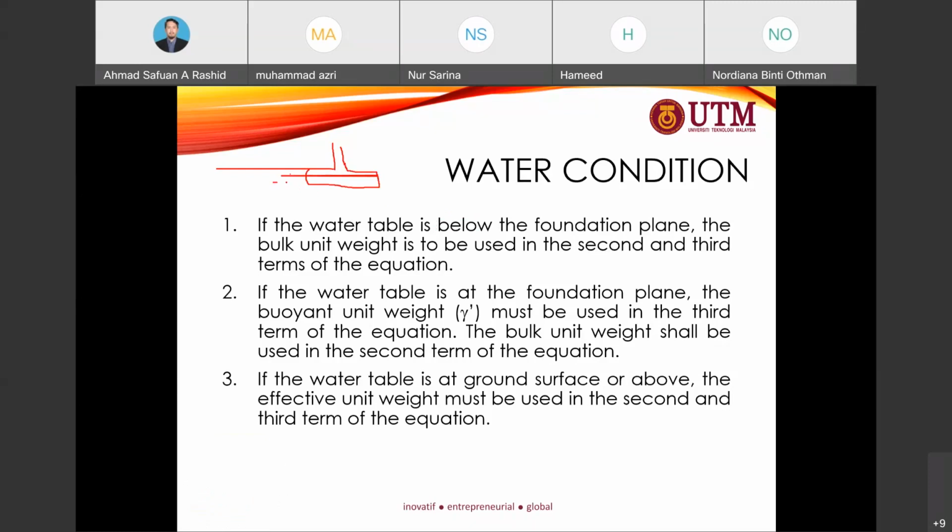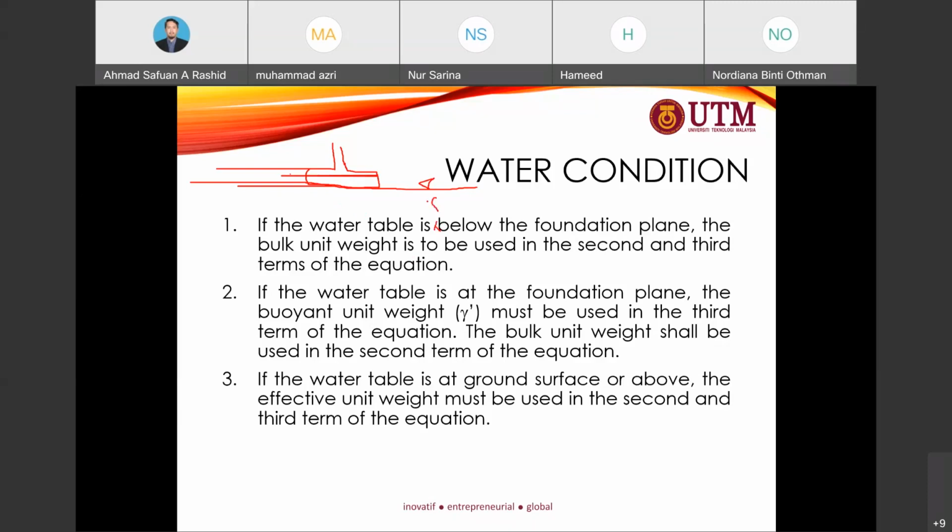For example here, this is the case if the water table is far below.